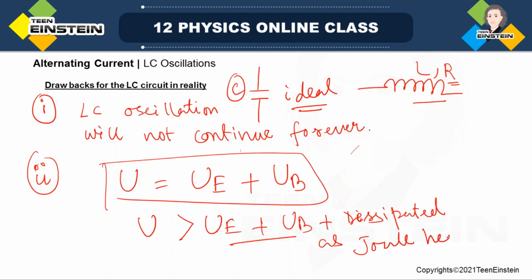So if you add that dissipation to the electrostatic energy and the magnetic energy, then the sum of these three energies will be equal to the total energy with which you started the experiment, that is, the initial energy of the circuit. Okay, so thus we have completed this topic, LC oscillations.